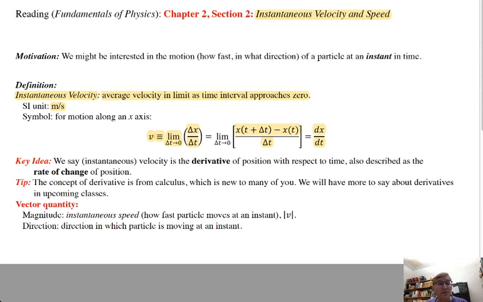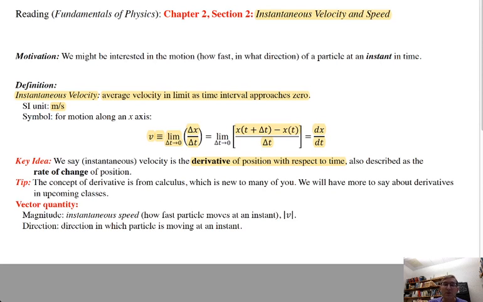Now to use the words, we say instantaneous velocity is the derivative of the position with respect to time. That's what this notation dx over dt means. The derivative of the quantity labeled x, the position on the x-axis, with respect to the quantity labeled t, time. Dx over dt means the derivative of position with respect to time.